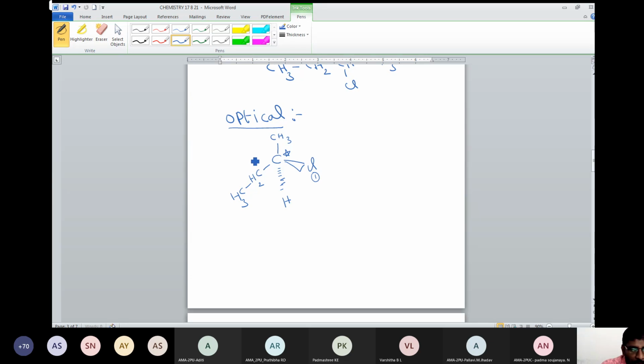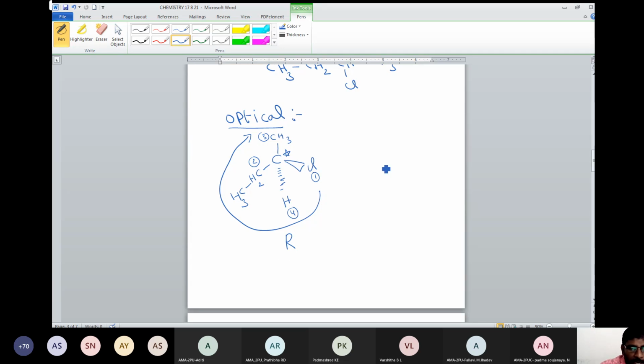This will be second priority. This will be third priority. And hydrogen is the least atomic number, fourth priority. What is the observation? Observation is from 1 to 2, 2 to 3. If this observation is clockwise, then that is called which isomer? R isomer. This is an R isomer.